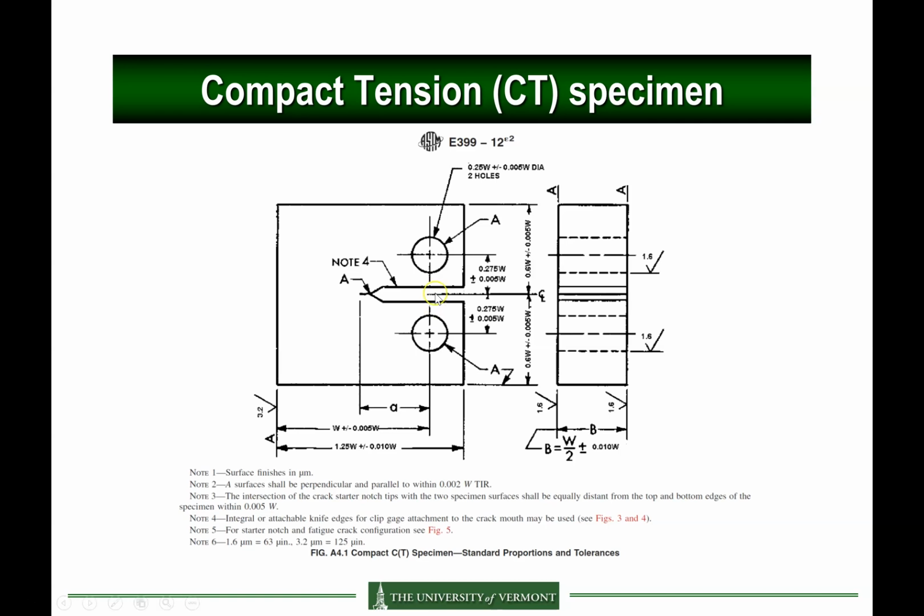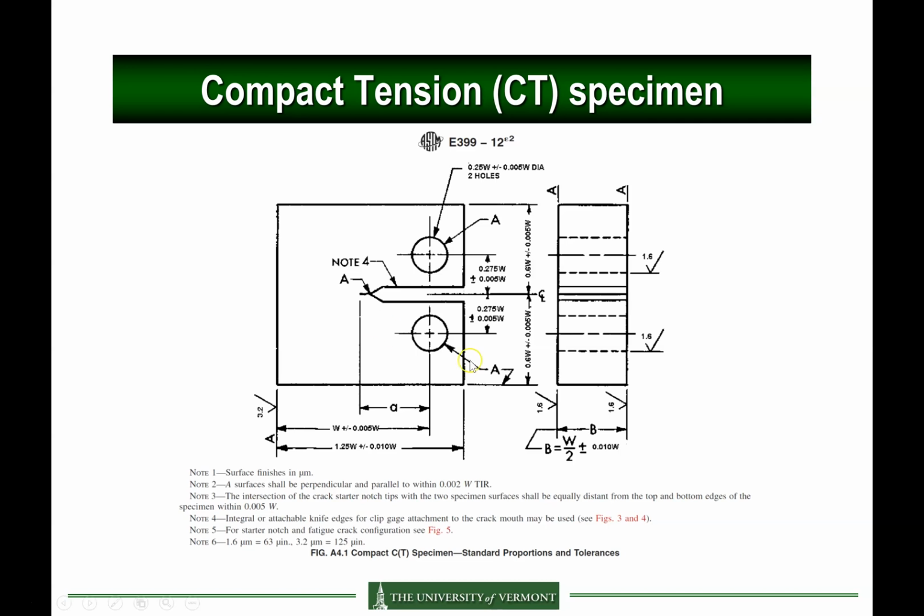So why is this geometry used in fracture mechanics? Well, you can demonstrate that with this geometry, the localized plasticity is very small at the crack tip, and all the deformation is mostly elastic. So this is what is called a compact tension. It's because it's very limited plasticity, and therefore this geometry fits perfectly with the linear elastic fracture mechanics theory.